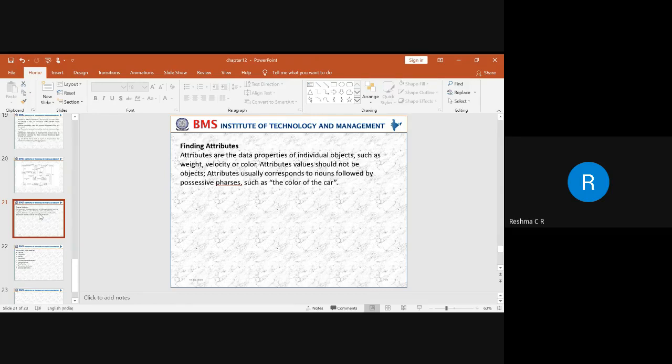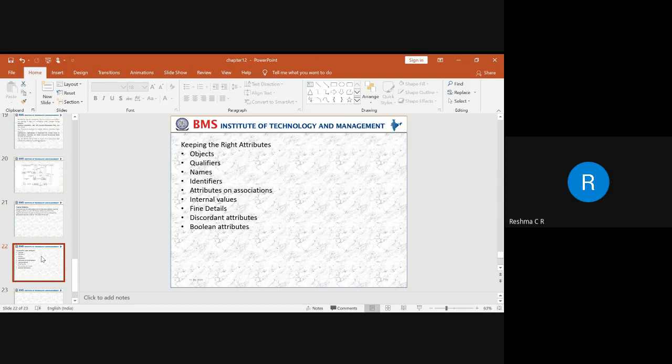Whatever individual objects we are trying to identify have attributes. These attributes usually correspond to nouns. For example, the color of a car, the color of a polygon, filling the polygon, all these things become properties of a car.